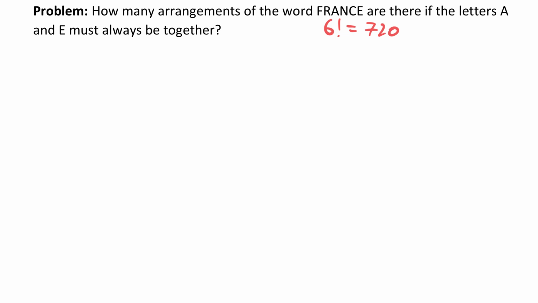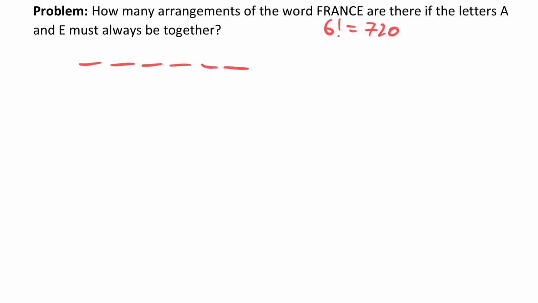So what I would recommend, if you want to give this a try, is to consider the different cases. If the A and E are together, we could think about it like this. We have a 6-letter word here: 1, 2, 3, 4, 5, 6.